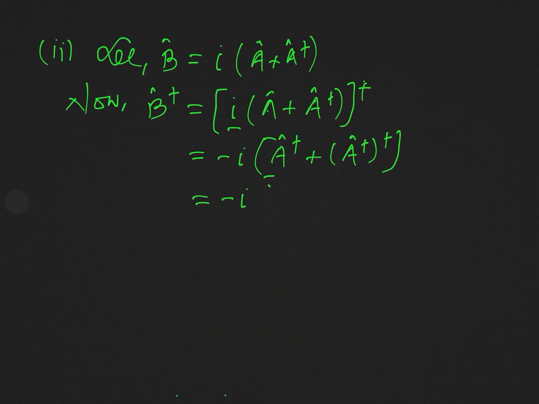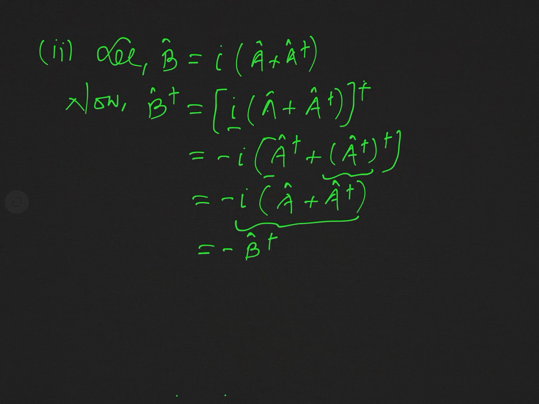This is minus i times A hat plus A hat dagger. Now we know that this i times A hat plus A hat dagger is B hat. So this is minus B hat.